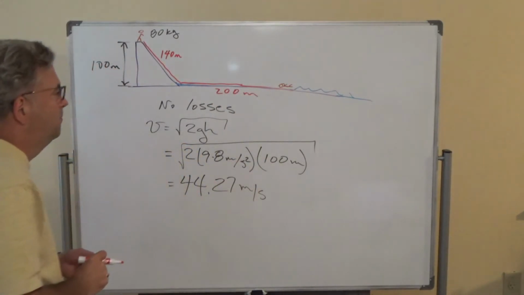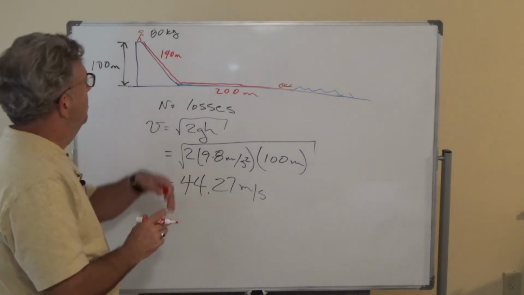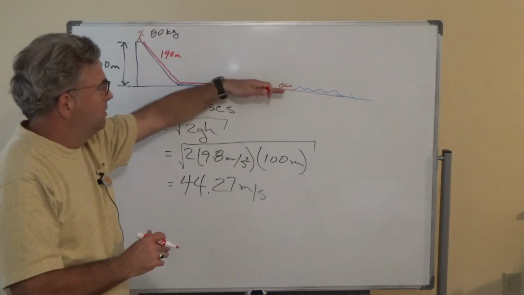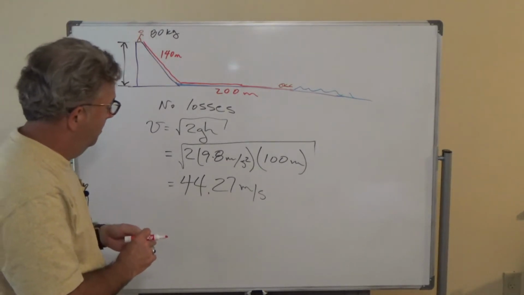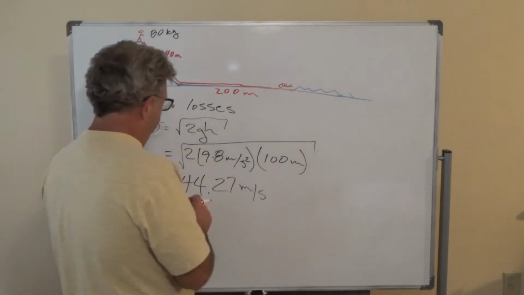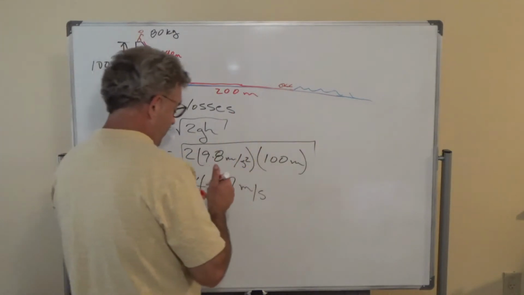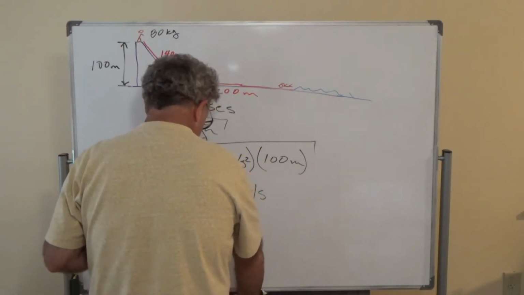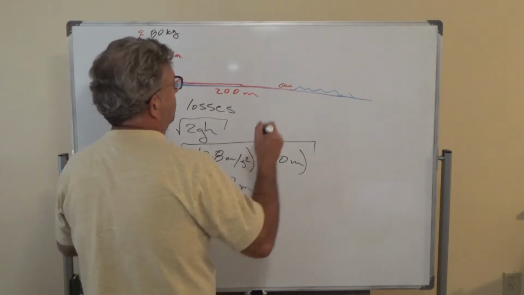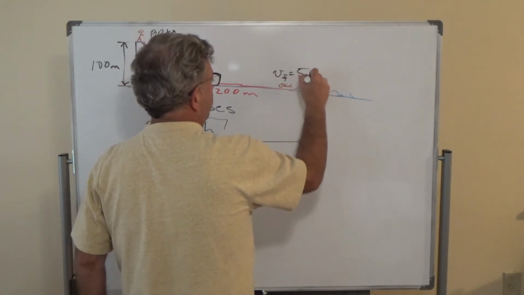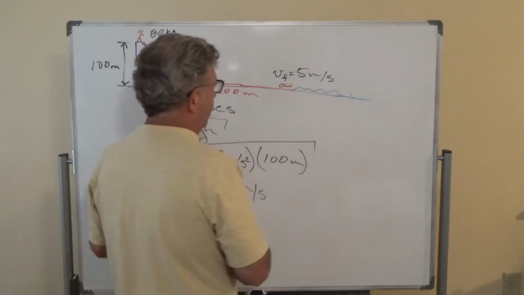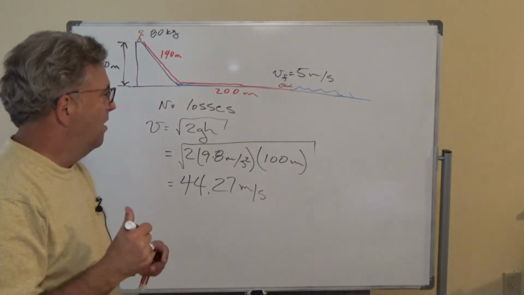Okay. All right. So 140 meters, another 200 meters here. And we find out that they actually come out with a V final of 5 meters per second. Something fairly slow.